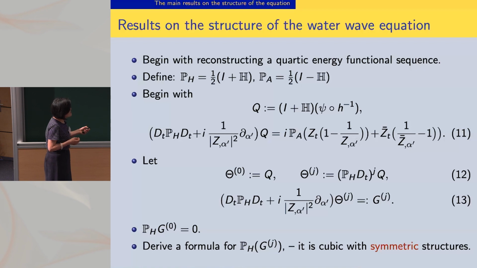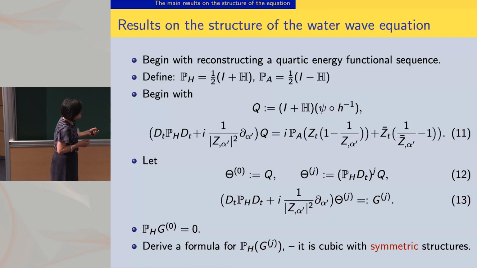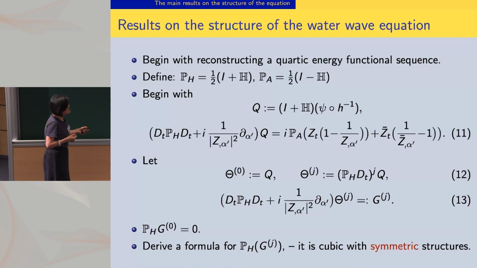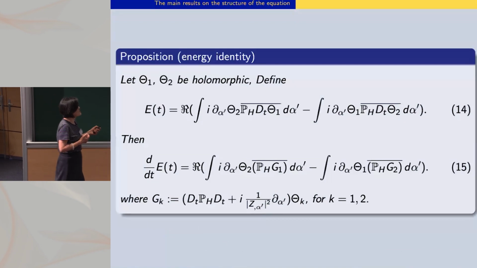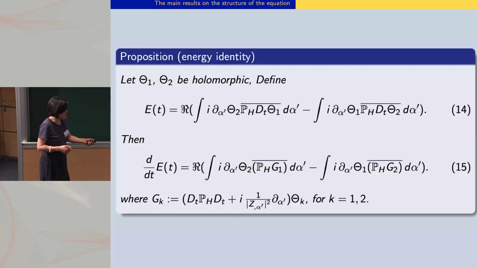Then we will also be able to derive a formula for this right-hand side in the holomorphic part, after holomorphic projection, that has a nice symmetric structure. In other words, we're able to put things symmetric enough to do this process.